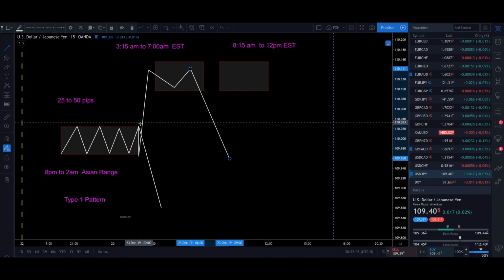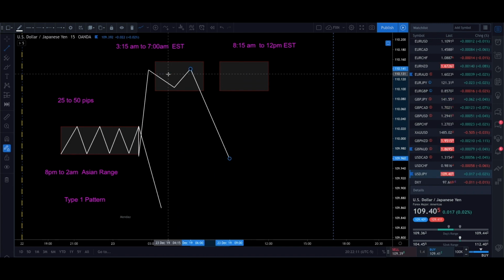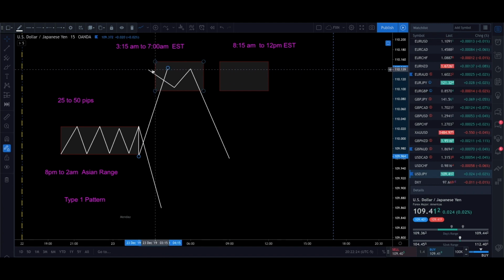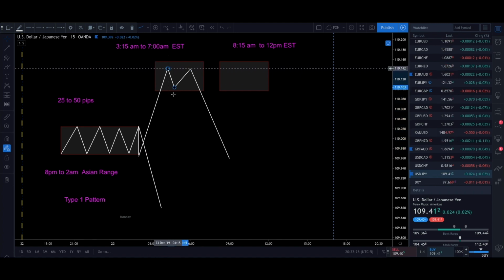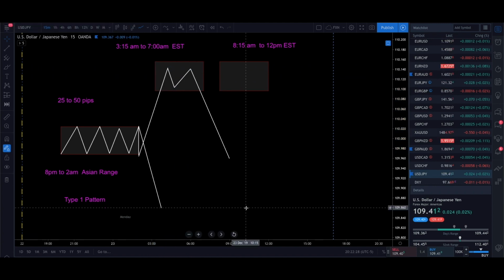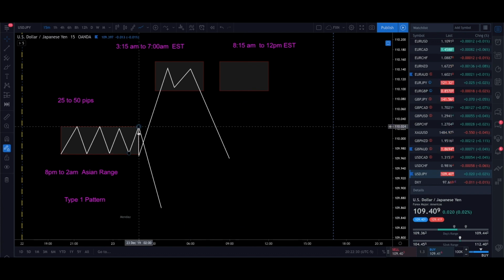Okay, so whether the first leg is just on the beginning part of the box, second leg on the London box, or whether you get first leg of the M during the London box, second leg during the New York session, and then back down, or if you get both the first and second leg like this inside of the London box. Okay, same way for W essentially.